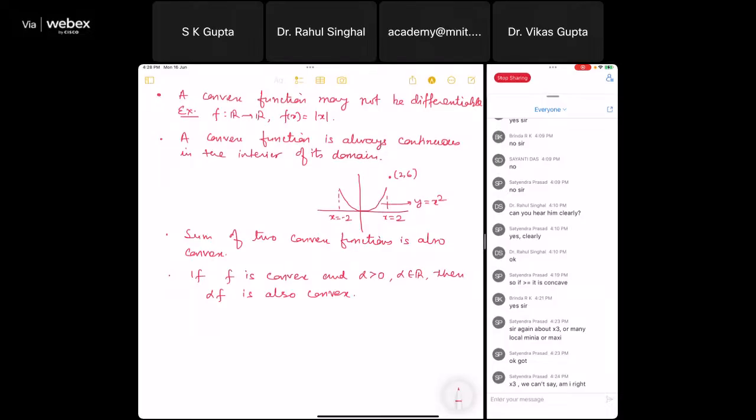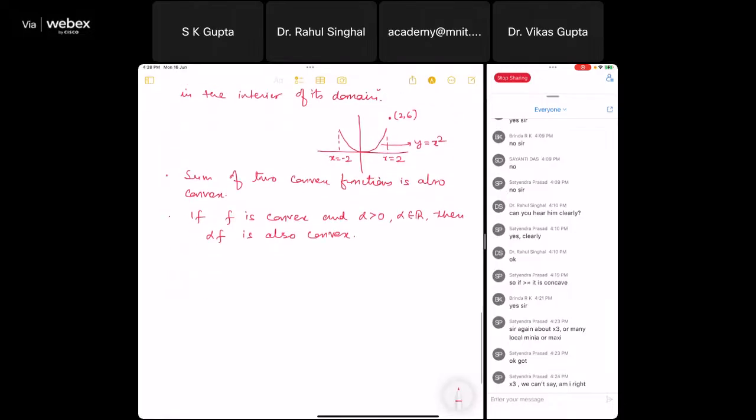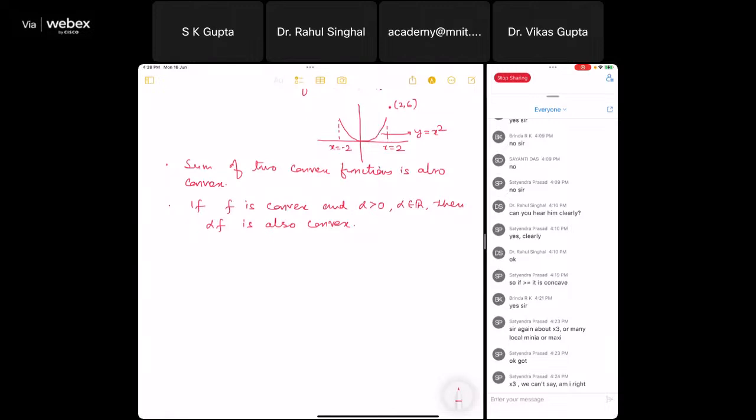There are many more, but I am just briefing you on the important properties, right? Those who are interested in learning other things about convex functions may refer to some PDFs or books that are available, and they can see these convex functions and their properties, and get a better feeling for them.